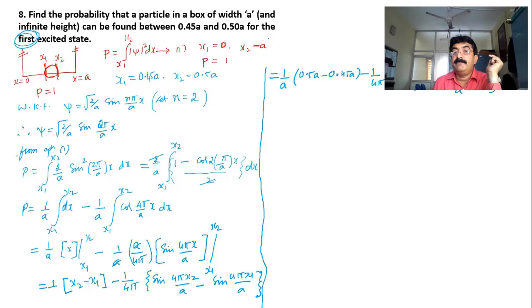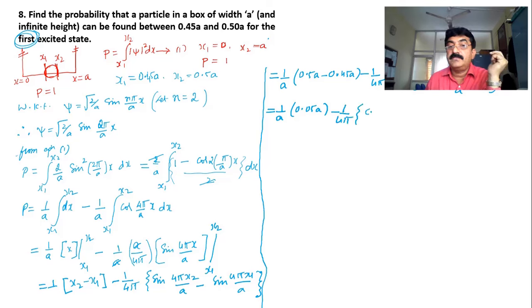This step is a bit lengthy because I am applying limits. Okay, next step will not be that lengthy. That is equal to 1 by a into 0.05a, minus 1 by 4 pi.